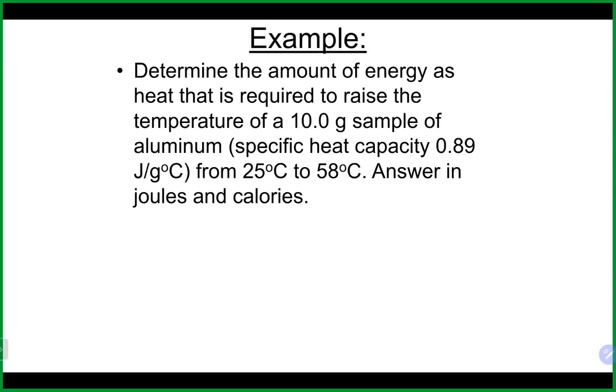All right, so let's try one here. Determine the amount of energy required to raise 10 grams of aluminum, specific heat capacity 0.89, from 25 to 58. And let's do both.